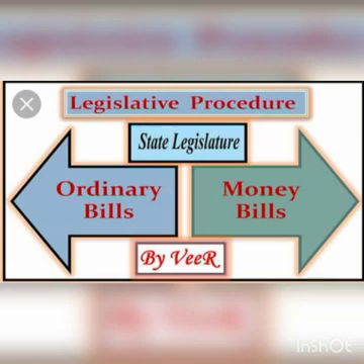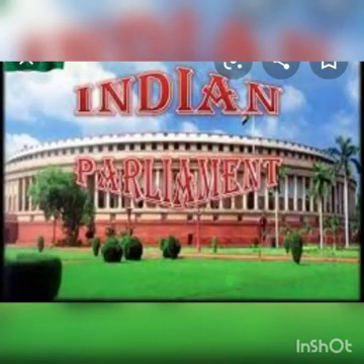Now we will move on to the parliamentary devices to control the executive. Parliamentary devices means there are certain parliamentary methods that the Parliament makes use of to control the executive. Now, what are some of these parliamentary devices?